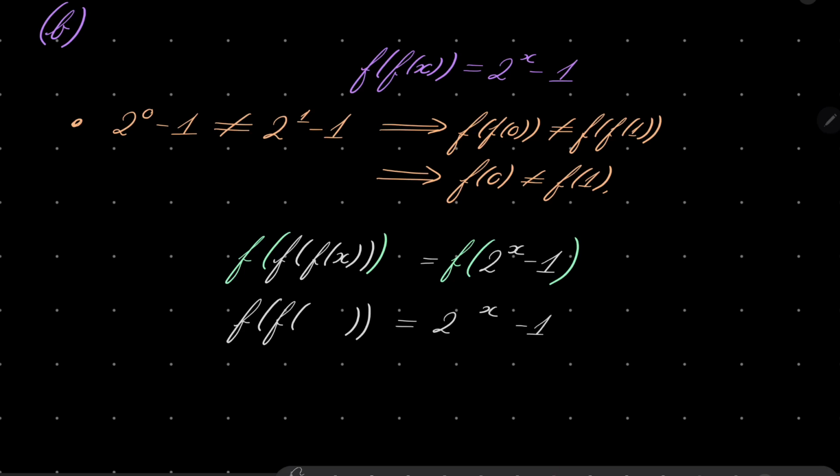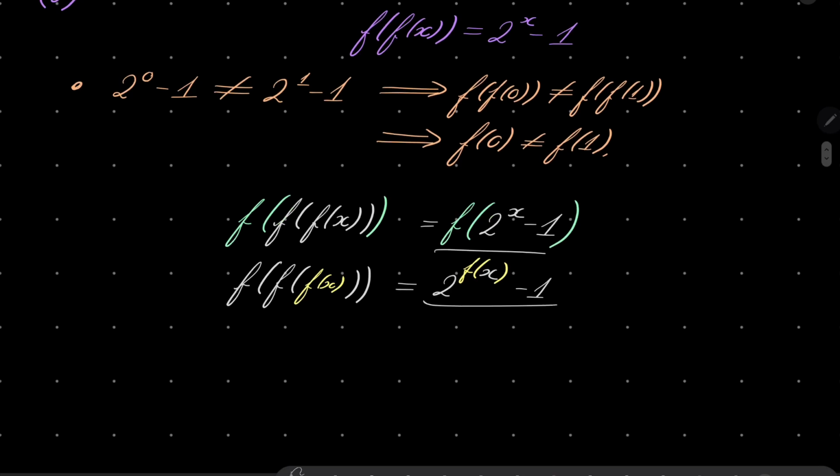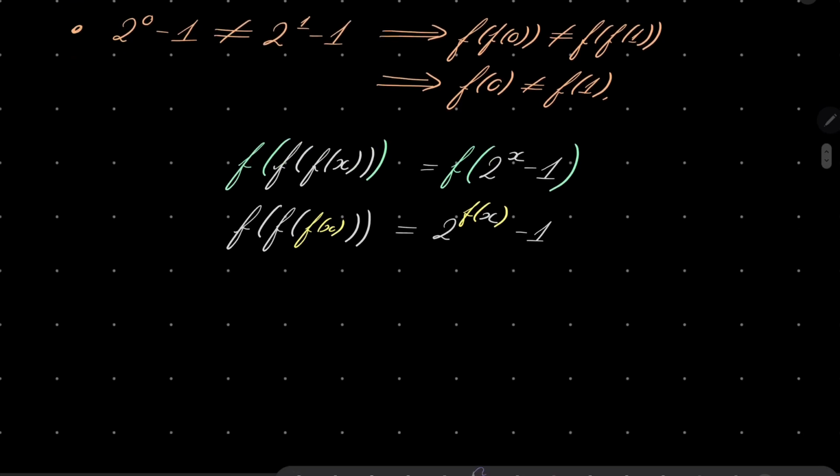Instead of x, I can put f of x. And these two expressions right here on the left-hand side are the same. So these two expressions must be the same as well. So for every real number x, we know that f of 2 to the power x minus 1 equals 2 to the power f of x minus 1.